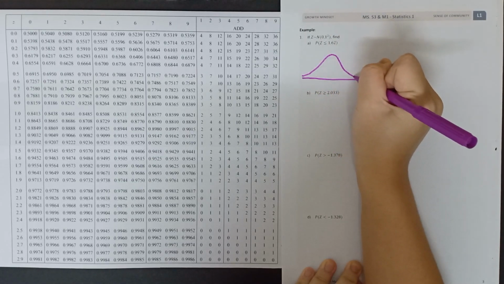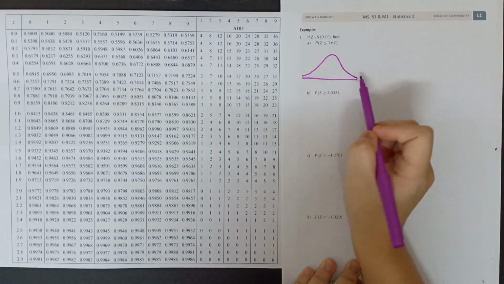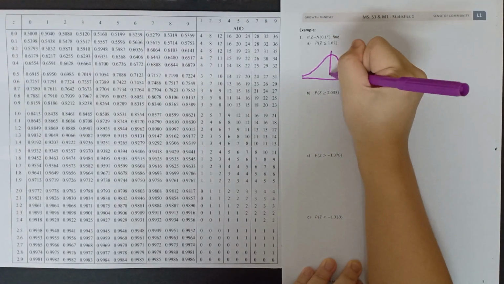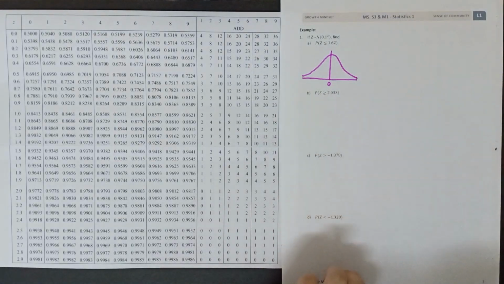Okay, so you remember, draw a bell-shaped graph. Make sure that the two ends don't touch your x-axis. Then you have a line in the middle, and that is going to be 0. Okay, 1.62, where are you going to label it? So 1.62 is basically a positive number, correct?